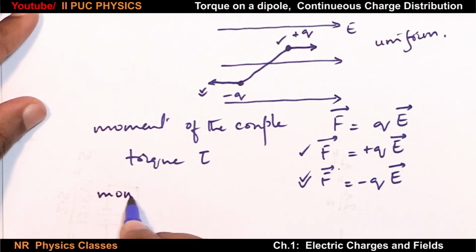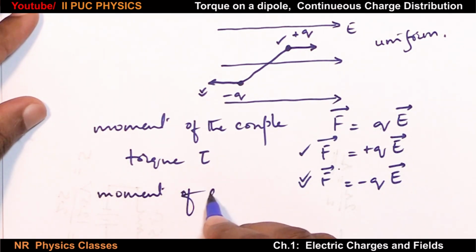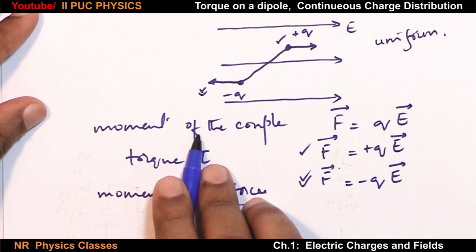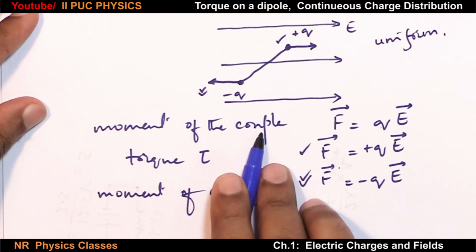Moment of a force means the turning tendency of a force, that is also called torque. This is the turning tendency of equal and opposite forces, that is, a couple.